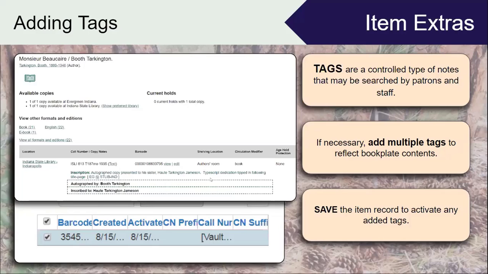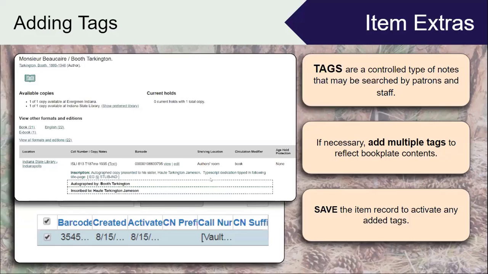But this is what it looks like then in the OPAC. We can see that this specific item, not everything in the record, we don't want this in the MARC record, but this item was autographed by Booth Tarkington, and it was inscribed to Hode Tarkington Jameson.